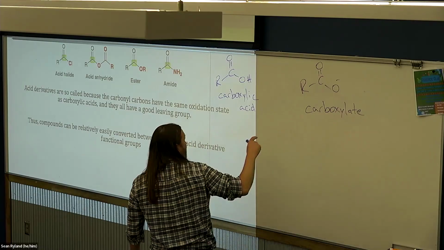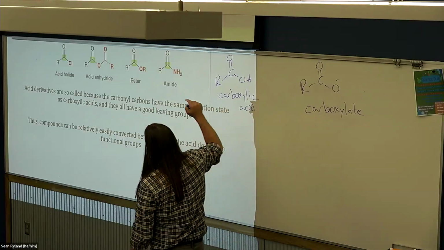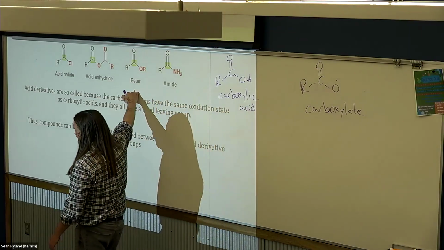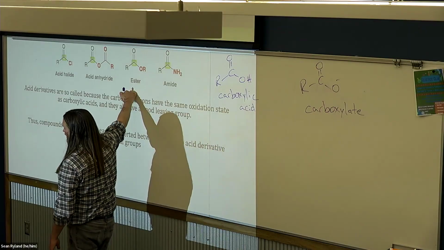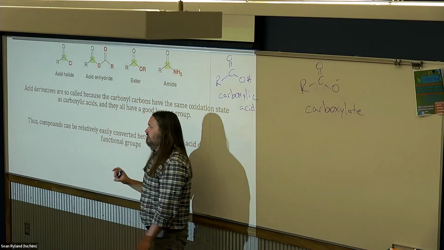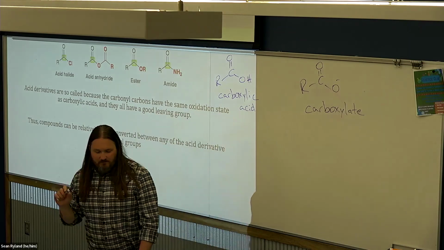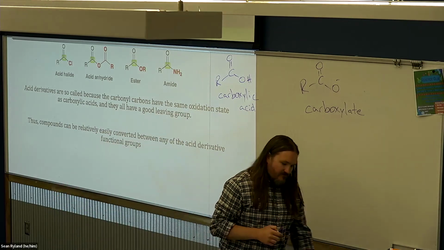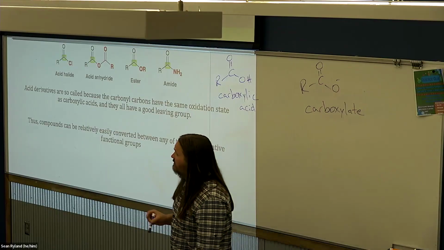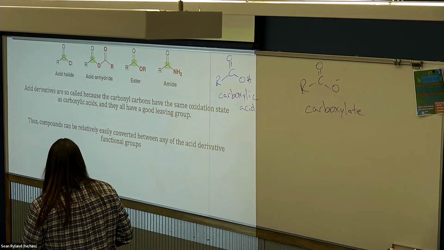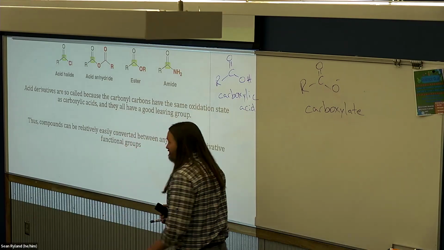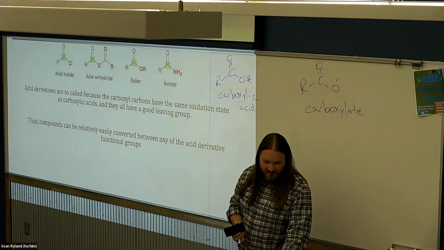And that's going to show up. Turns out that's also going to be how we name esters. Esters are the trickiest functional group to name, period. At least for me. We'll find out, yeah.